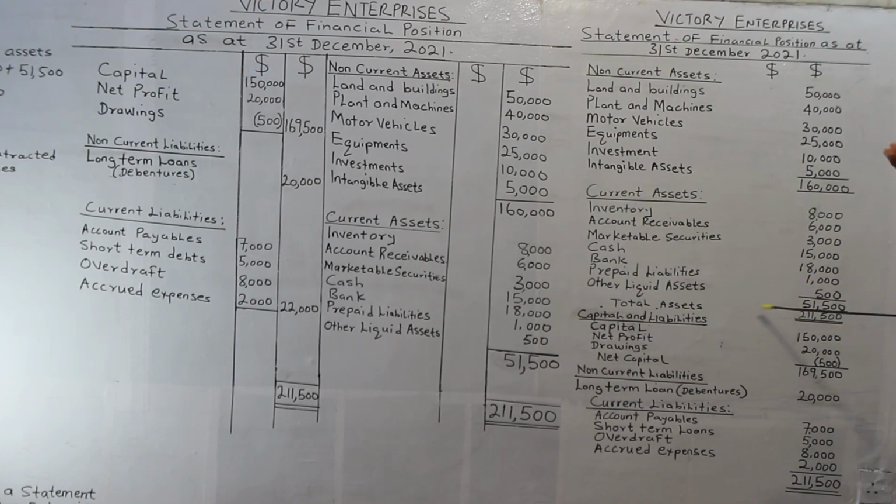Of course, this figure must be equal to this, because if you have a car of $1 million and you are told to show us how you got the money, what you show us is exactly 1 million, not less than 1 million or more than 1 million. So in this instance, the whole assets of the organization, which gives the total assets, is 211,500. How did they get these assets?